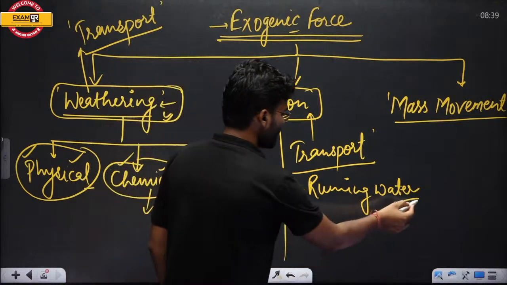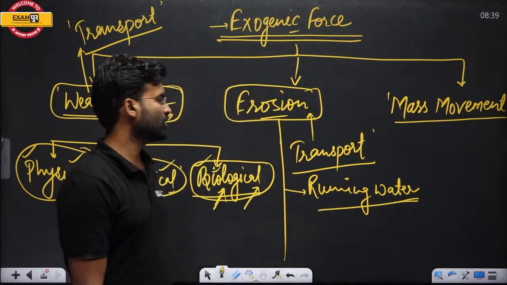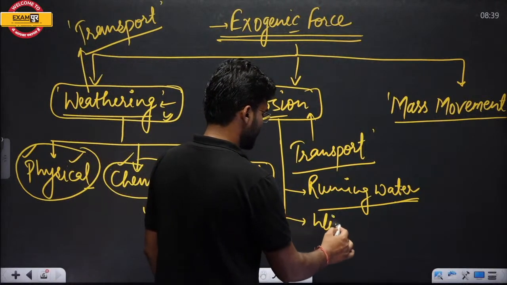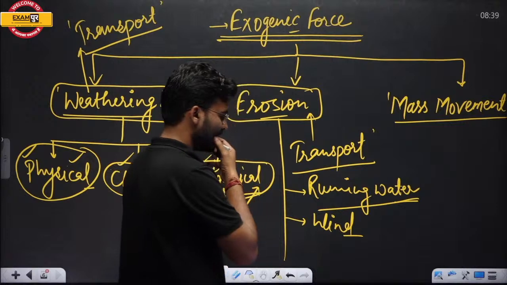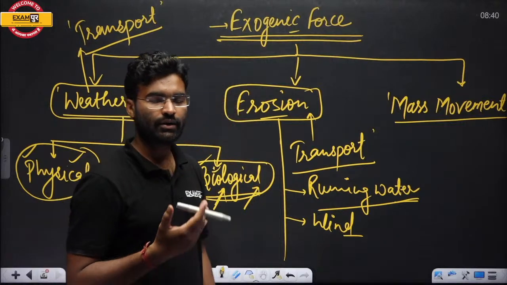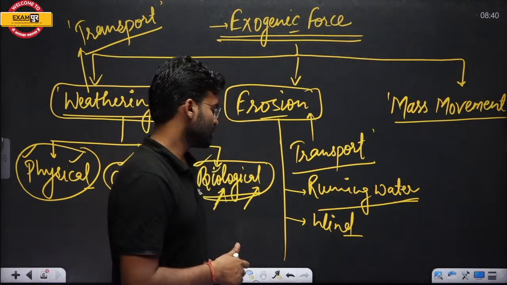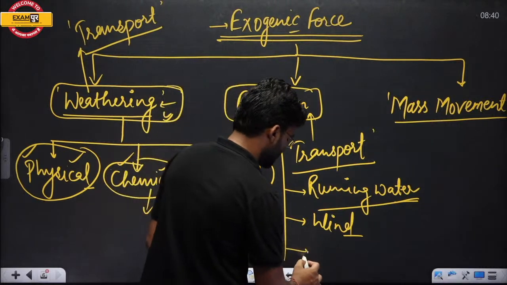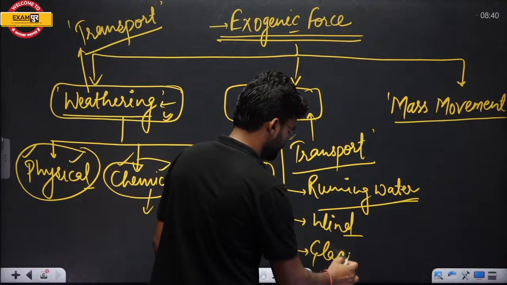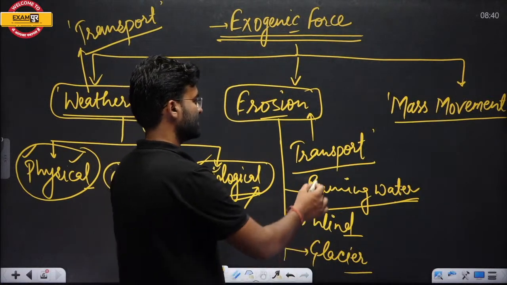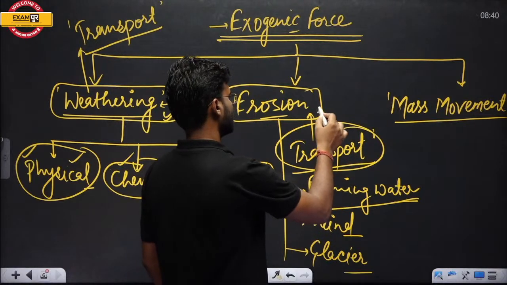So running water, wind. Wind also has the capacity to break any rock, and also to translocate or transport it. So wind, glaciers, transportation. This is the important feature of erosion.